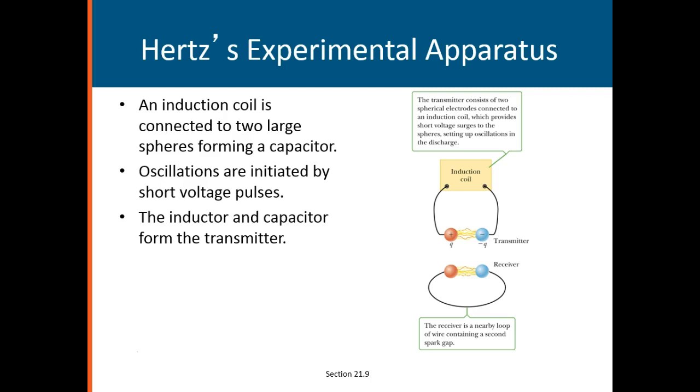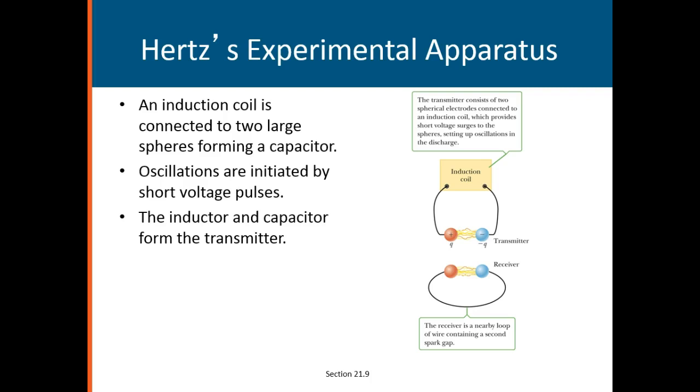Okay, so you have a strong electric field between these two charges here. Then you have a receiver down here. The oscillations are initiated by short voltage pulses. That's why I said you have to have a voltage source somewhere there. And the inductor and capacitor form the transmitter. So that forms the transmitter.